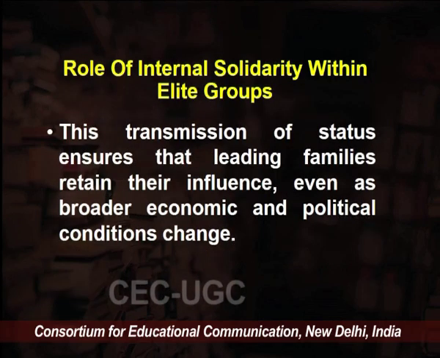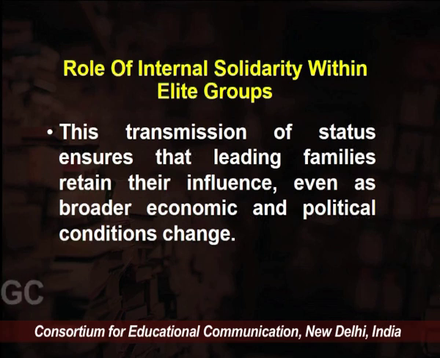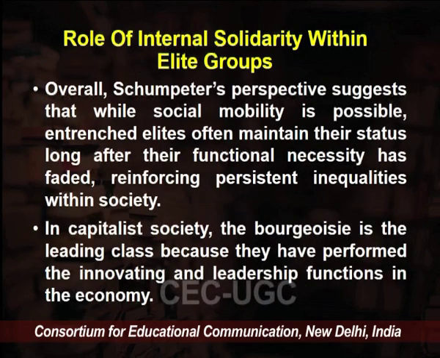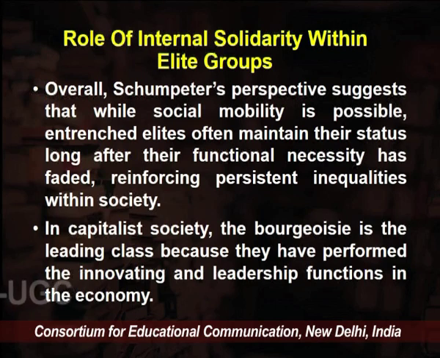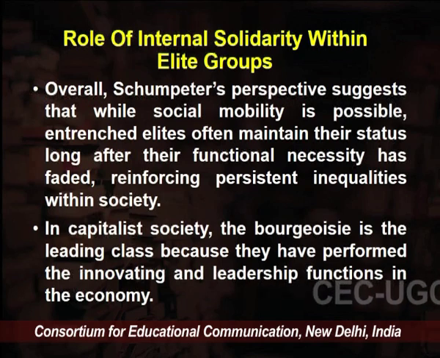This transmission of status ensures that leading families retain their influence even as broader economic and political conditions change. Overall, Schumpeter's perspective suggests that while social mobility is possible, entrenched elites often maintain their status long after their functional necessity has faded, reinforcing persistent inequalities within society.